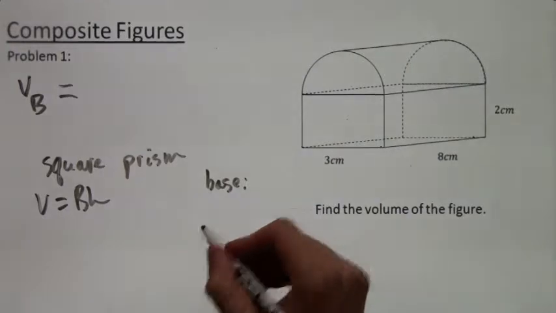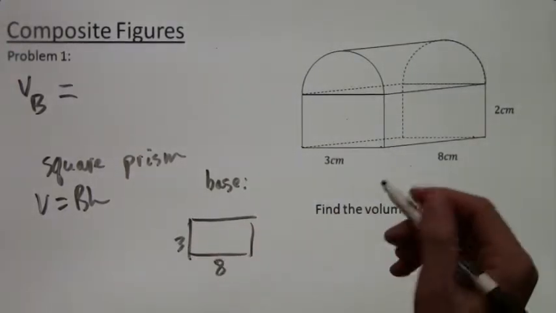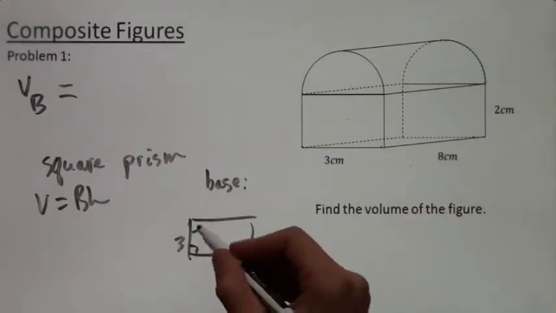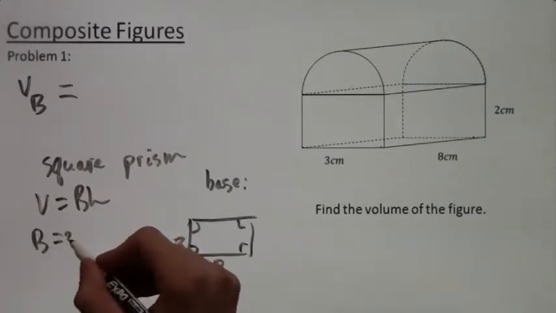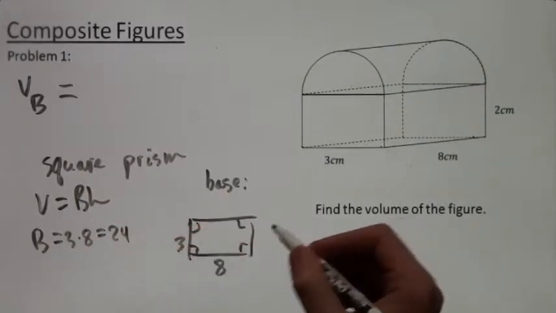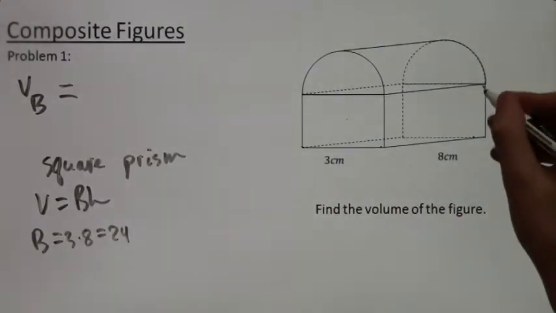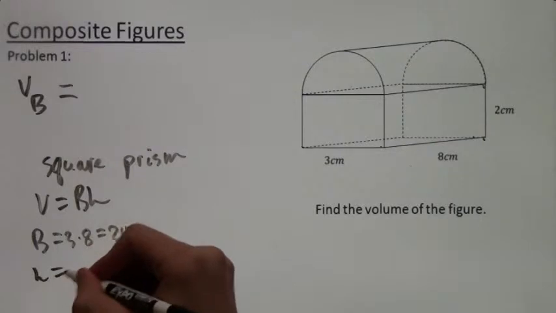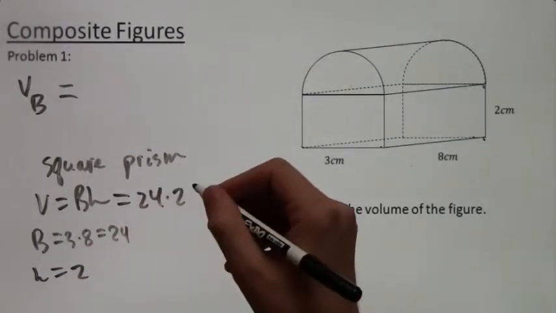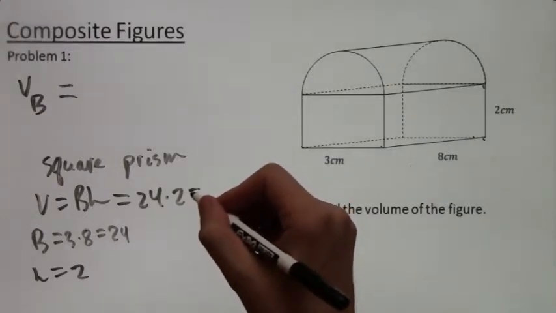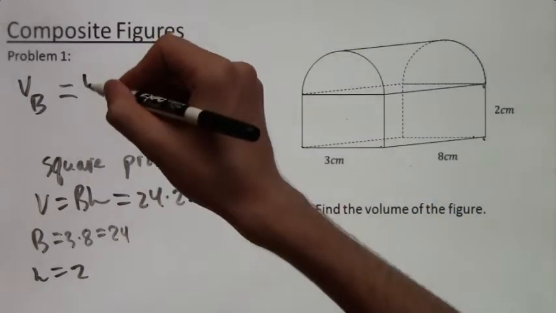Here I'm going to redraw the base flat. It's 3 and 8, and this 3 by 8 base extends 2 centimeters upwards. So 3 times 8 gives the area of the base of 24, and then the 2 centimeters is the height, and that's what we're going to multiply by to get the volume. So h equals 2. Right now I'm not writing any units, but I'll add them in at the end. So we have 24 times 2, which is equal to 48, the volume of the box.